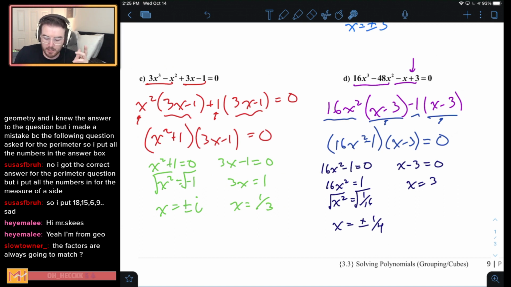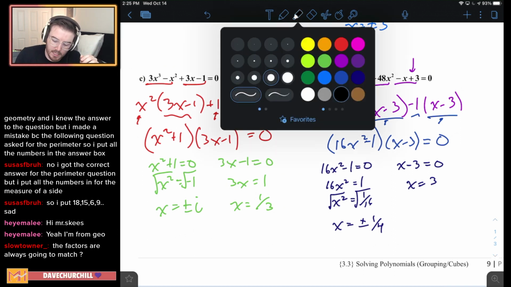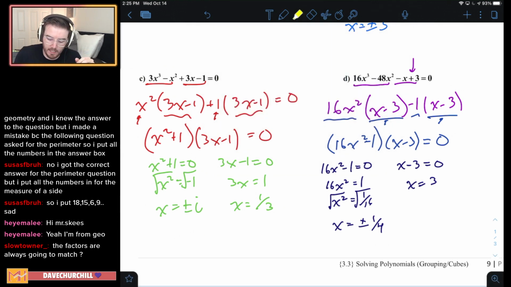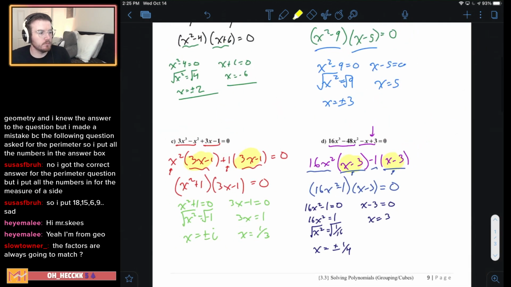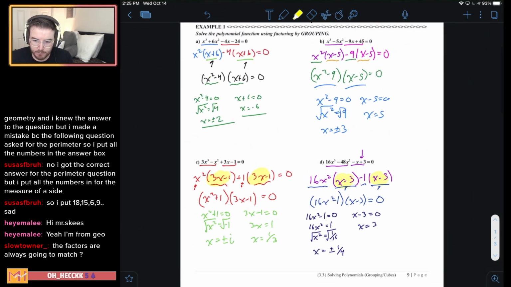So on the classwork, if for some reason it doesn't match up, you've done it wrong. So yes, with grouping, the point is that these will always match. All right.